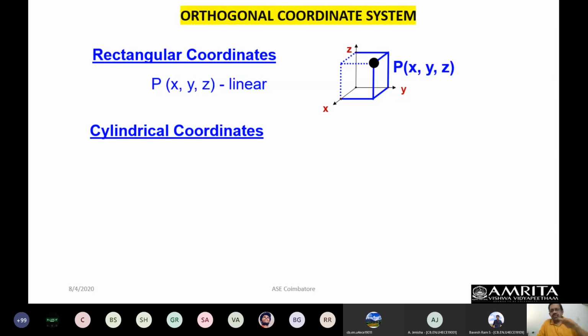Therefore, a cross section of a cylinder is a circle, a circular face. So if I want to describe any point, I can describe it in terms of the radius of the cylinder, then the height with respect to the length of the cylinder where the point is located, that is along the z-axis. So I can use the z-axis itself.